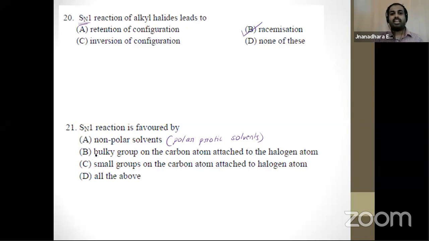B, bulky group on the carbon atom attached to halogen atom. Let's spend some time on this. You all know the order of reactivity of SN1: tertiary greater than secondary greater than primary. This is a tertiary alkyl halide.